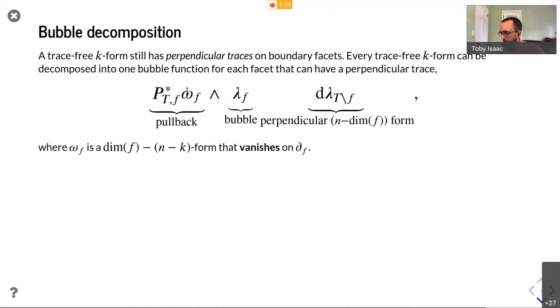So for facet F, you would have some sort of data that lived on the facet, and you would pull it back, and you would wedge it with that facet's bubble function and a complementary barycentric K form. And it turns out that that will give you something that's trace-free, and it has perpendicular trace only on F, or a super simplex of F.